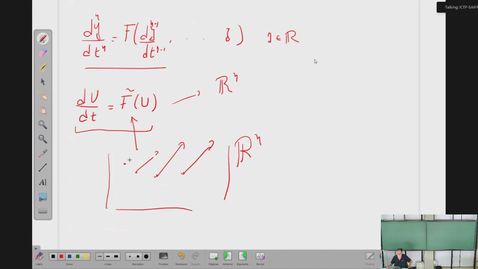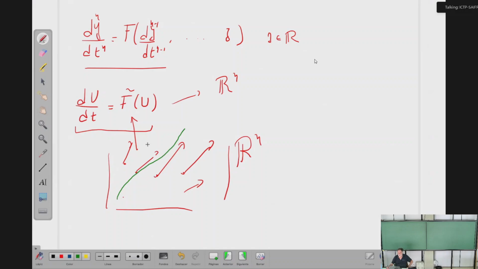At every point u we have a vector, an arrow. And the solutions are integral curves along this. So just from the beginning, we have some geometrical interpretation.